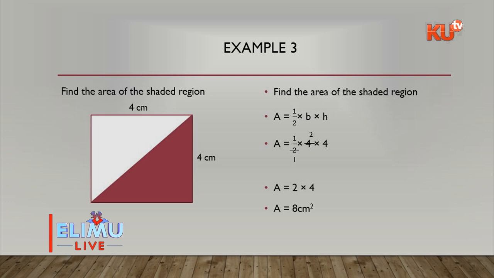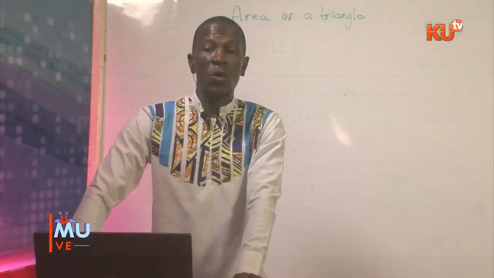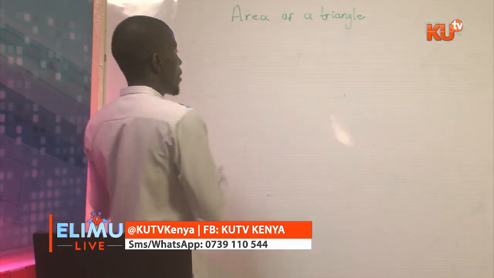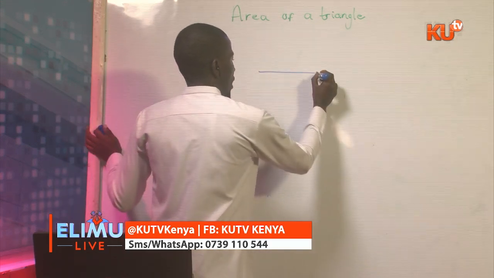Now, that one is another figure. And which figure or which shape is that? That one is a square. What tells you that it is a square? It is a square because both sides are equal. We can see now on our whiteboard a square.